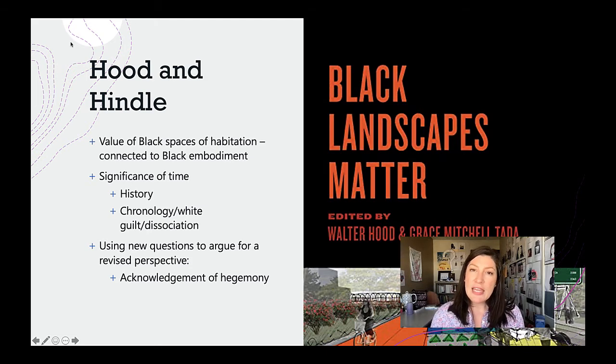So we're thinking here in this introduction to this book specifically about the value of Black spaces of habitation. What counts as valuable for a place of habitation? This is super connected to aspects of Black embodiment, but in this book, what we'll find is that the focus is really on place, space, design, purpose, and preservation.